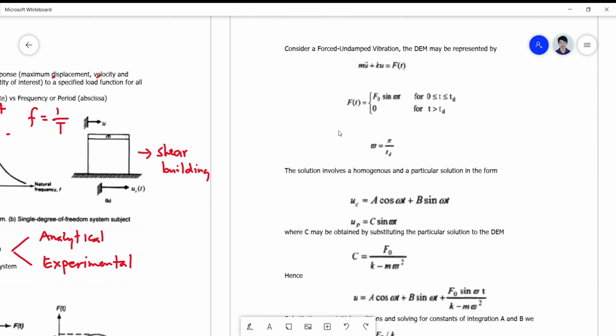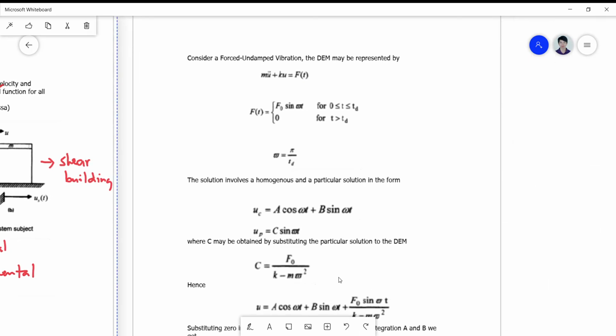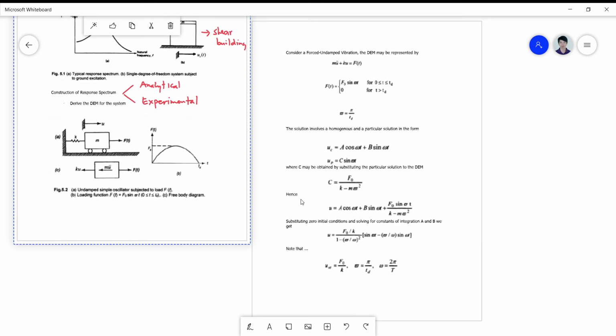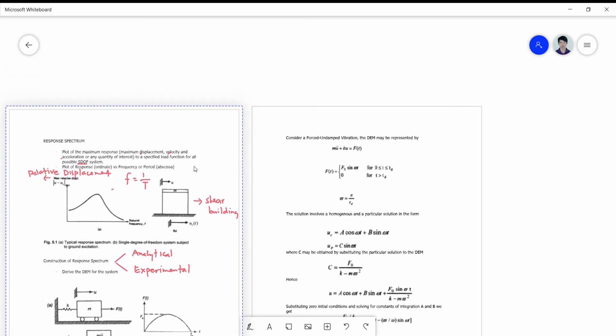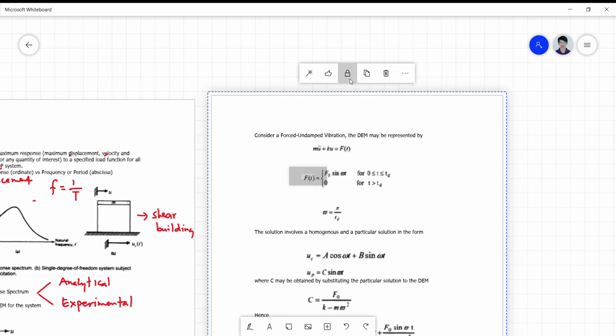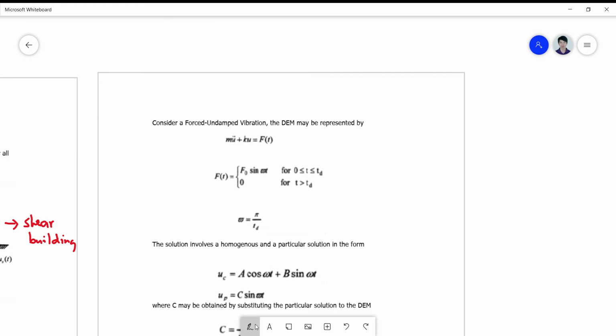Okay, consider now forced and damped vibration. So the DEM is as simple as writing down this forced and damped case, and your forcing function is determined on the basis of an impulse load.